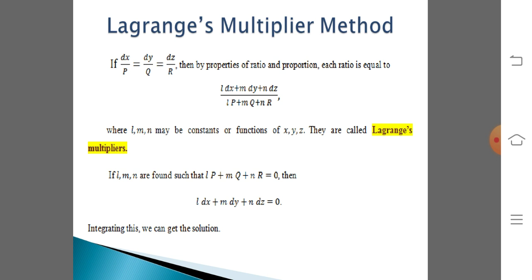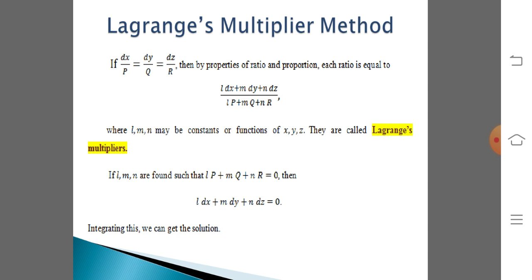If dx by P equal to dy by Q equal to dz by R, then by component or dividend rule, each term in this fraction is equal to l dx plus m dy plus n dz by lP plus mQ plus nR. So here l, m and n may be constants or it may be functions of x, y and z. So these l, m and n are said to be the Lagrange's multipliers.